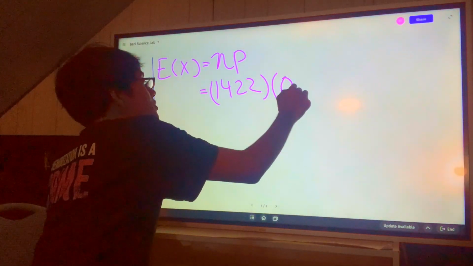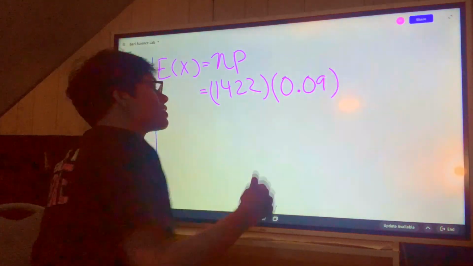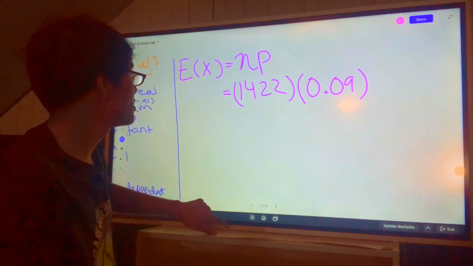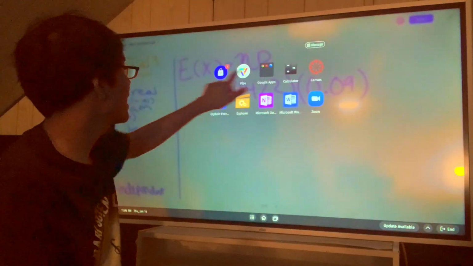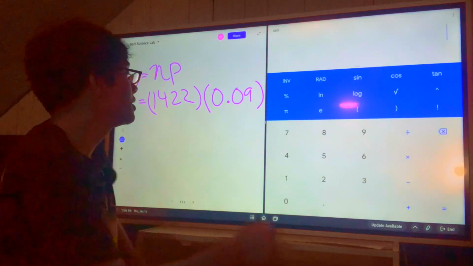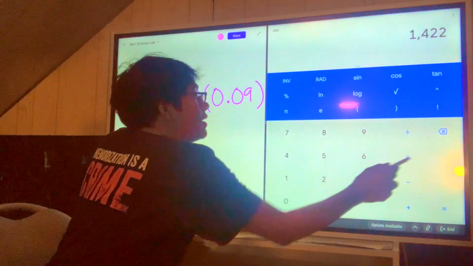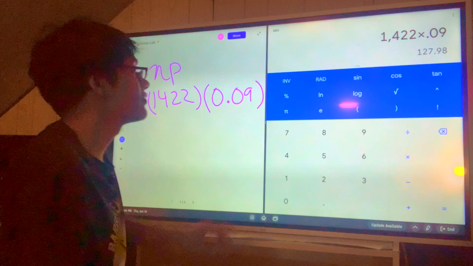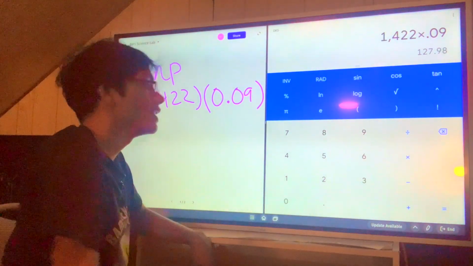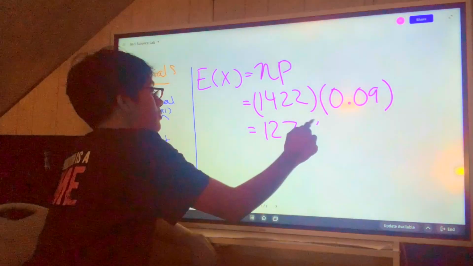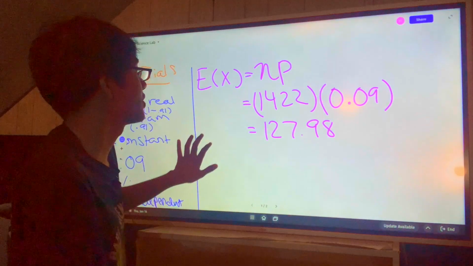Our teacher likes to write the 0 before the decimal, so let's write 0.09. Go to our calculator: 1422 times 0.09 gives us 127.98. So let's write that down, 127.98. That's our expected value.